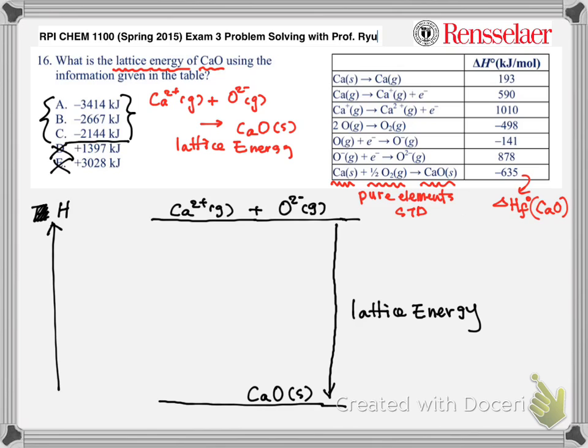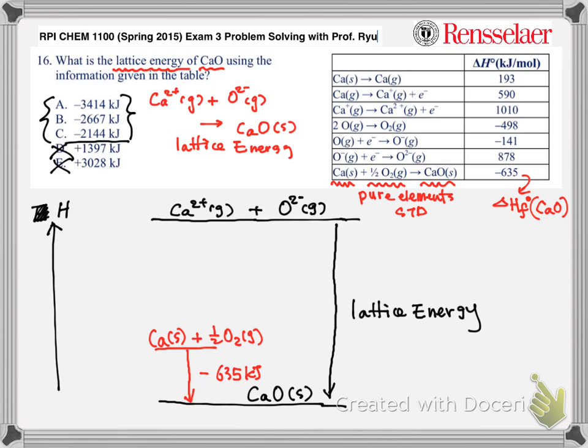It starts high up there and drops down like this, to minus 635 kilojoules. Your starting point is calcium solid and a half of an oxygen molecule gas, right?